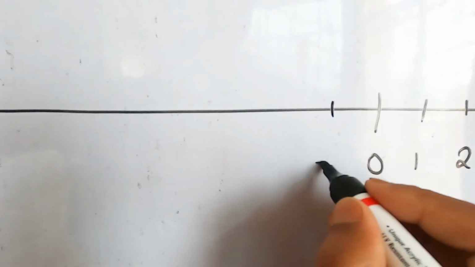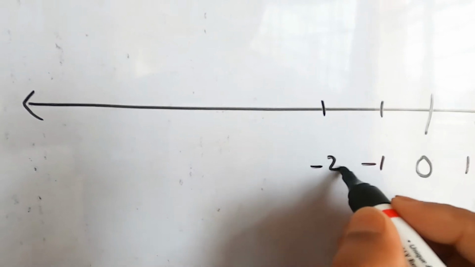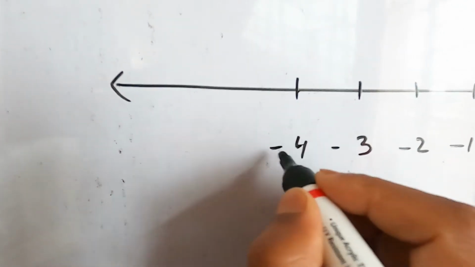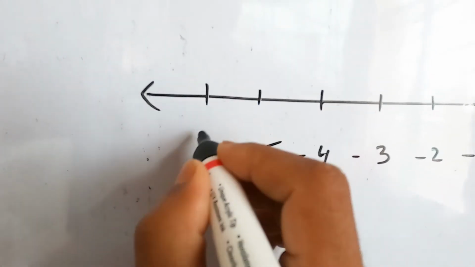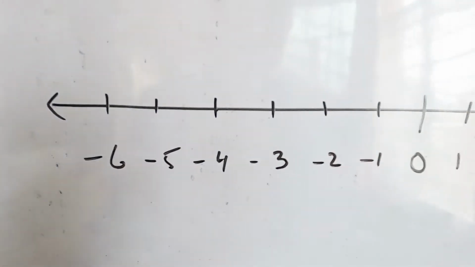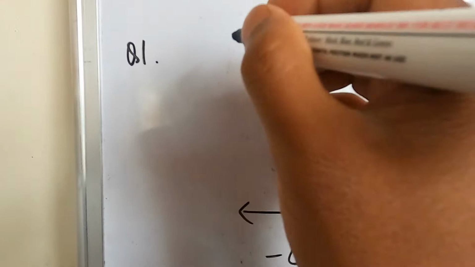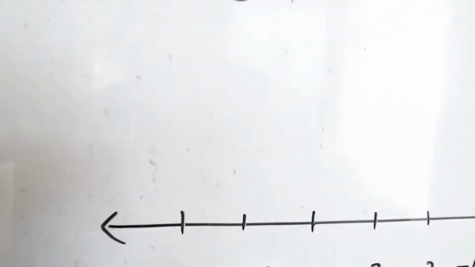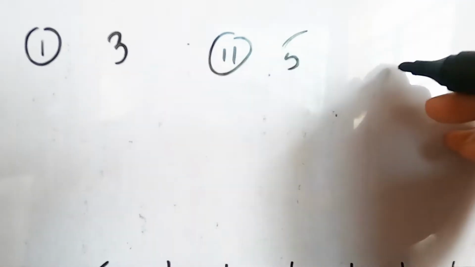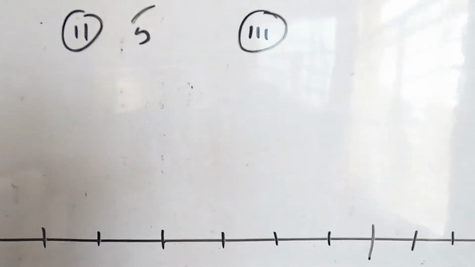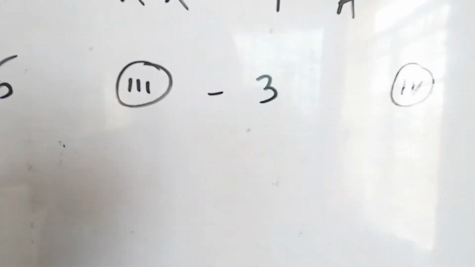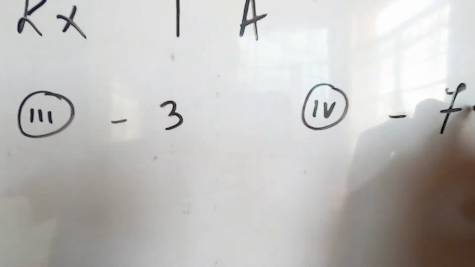And on the left hand side it will be negative: minus 1, minus 2, minus 3, minus 4, minus 5, minus 6. Alright, so in this case the first number will be 3, the second number will be 5, the third number will be minus 3, and the fourth number will be minus 7.